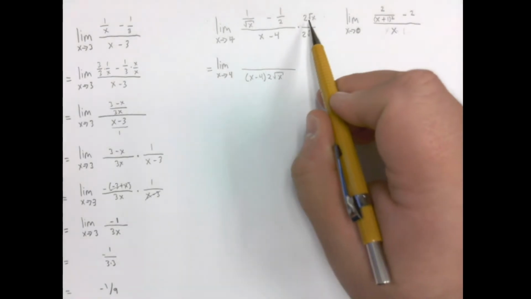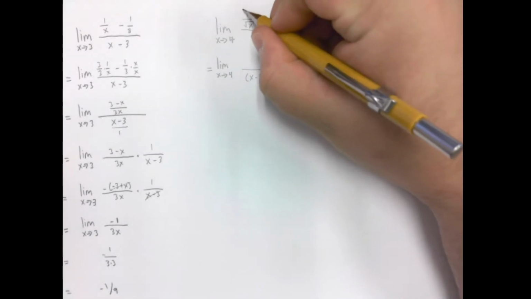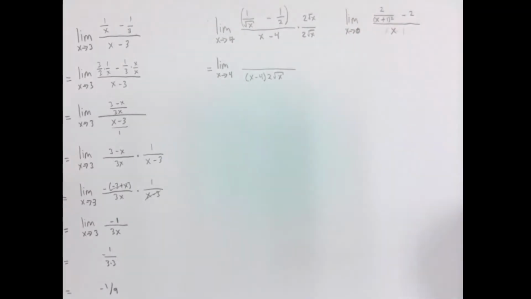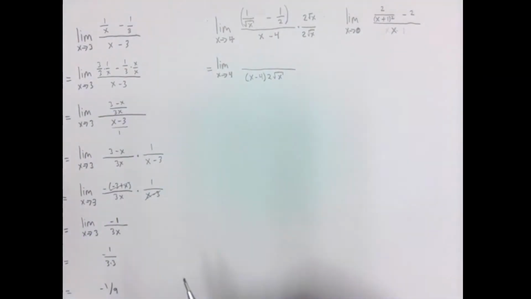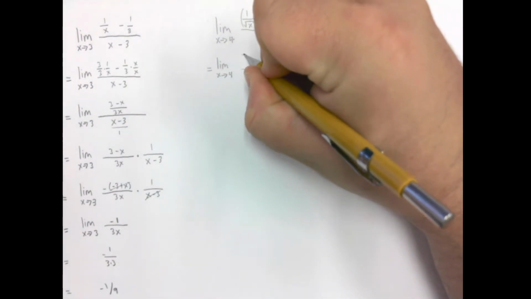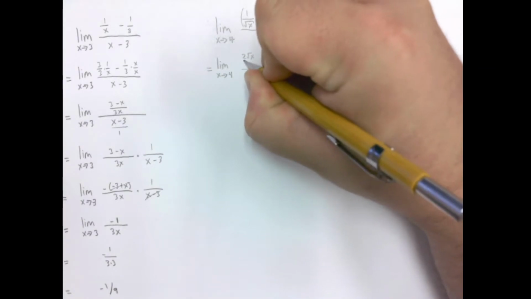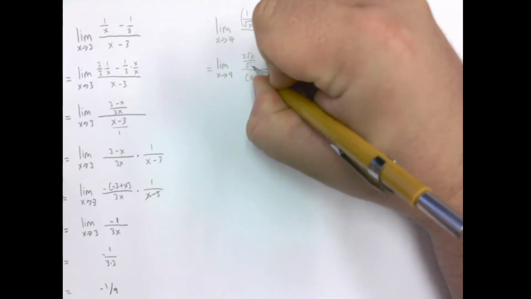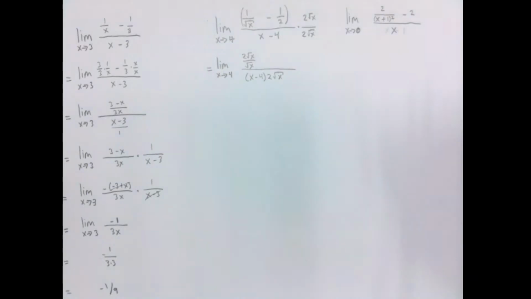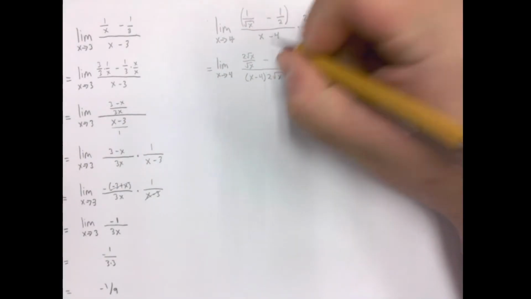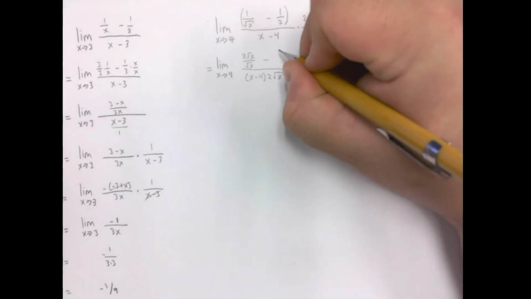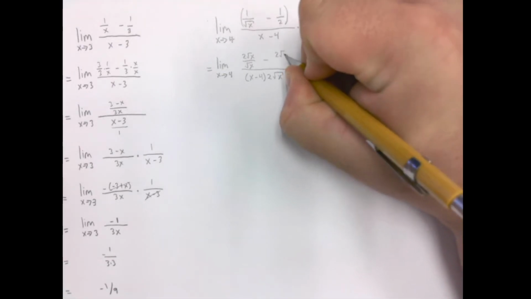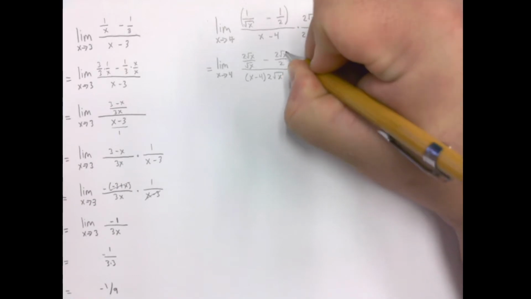Well, I have 2 square roots of x times those 2 terms, so I need to distribute. So 2 square roots of x times this first fraction would give me 2 square roots of x over the square root of x. And then I need to multiply negative 1/2 times 2 square roots of x, which just gives me 2 square roots of x over 2.